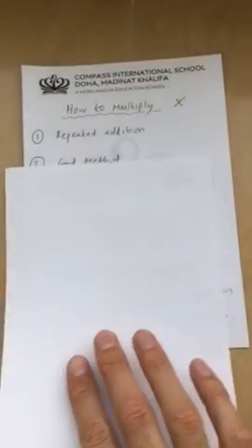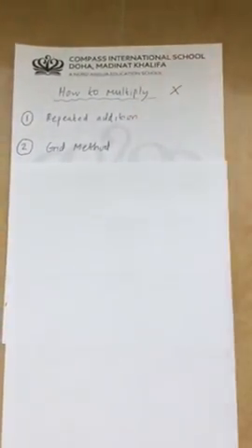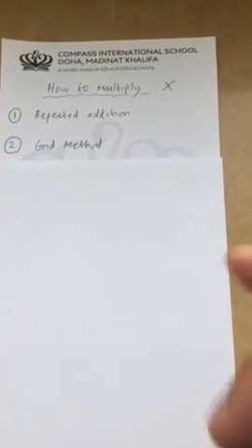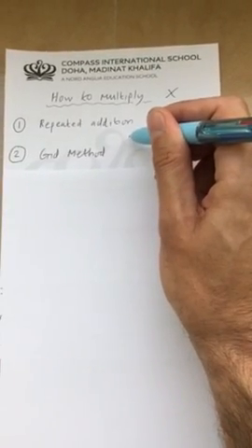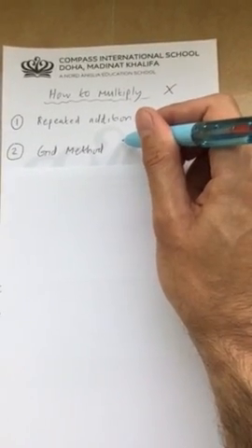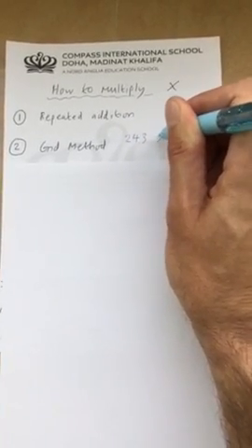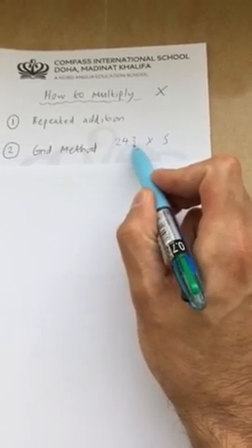So you can see now that that is number 1. Number 2 is grid method. Now, grid method is very good to use. It's especially good when you have a 3-digit number, for example, 243 times 5. 3-digit number, 1, 2, 3.